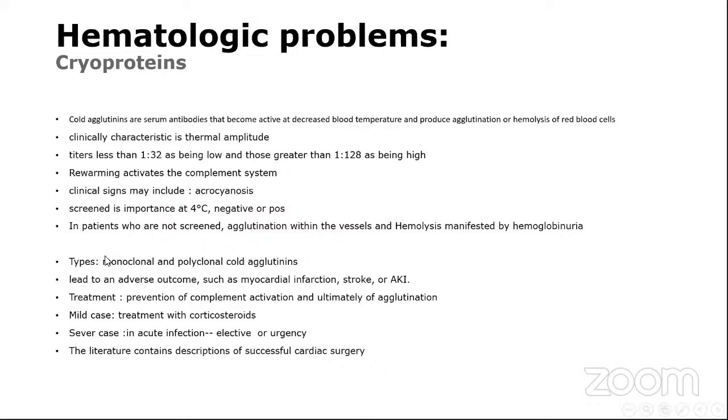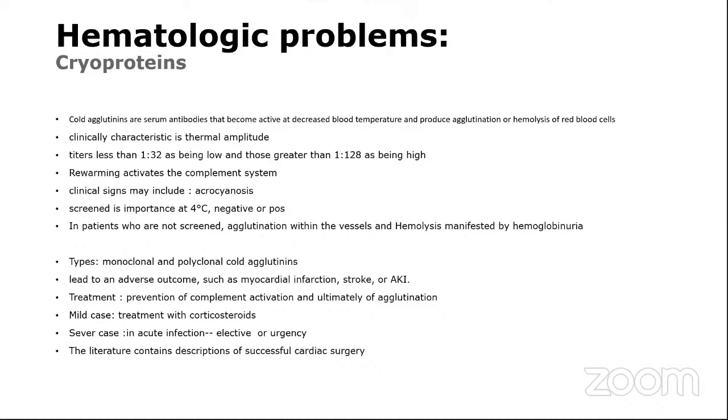There are two types of agglutinin, monoclonal and polyclonal. The monoclonal is associated mostly with neoplasm, lymphocytic neoplasm, which is irreversible. But the polyclonal is reversible and transient, sometimes taking just weeks, and spontaneously remits.